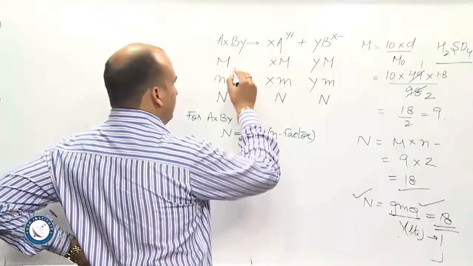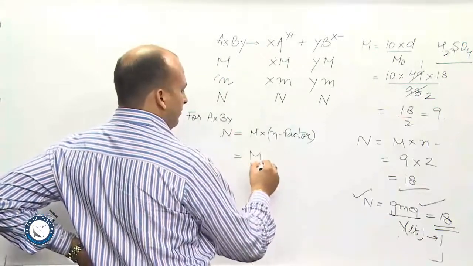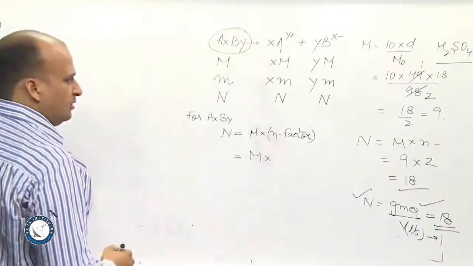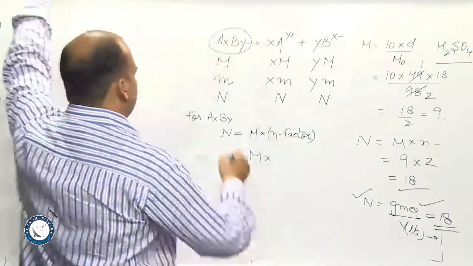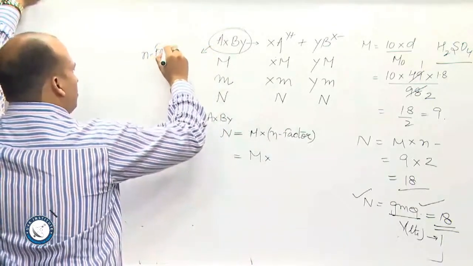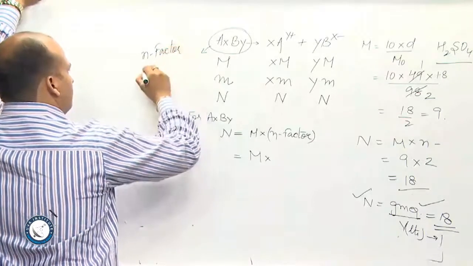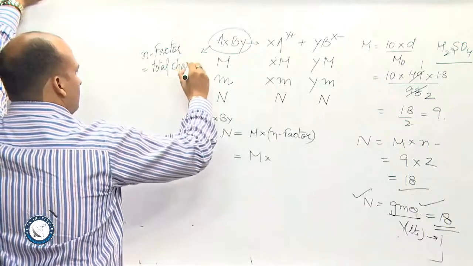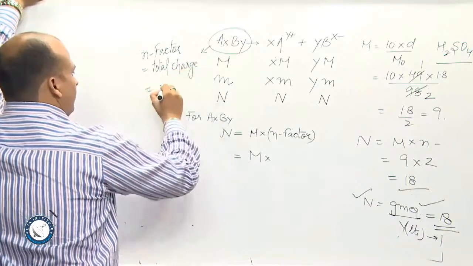Now, what is the molarity? Capital M. What is the n factor of AxBy? See, for such cases, n factor is total charge, which will be x into y.